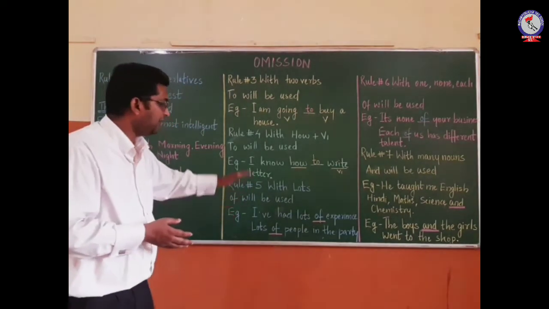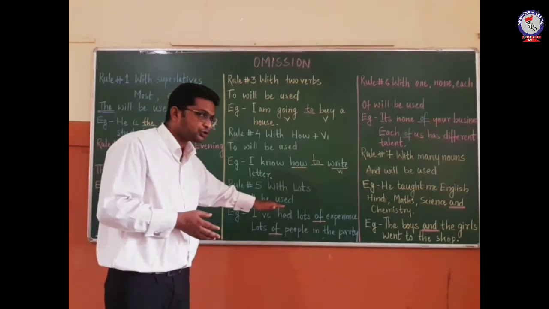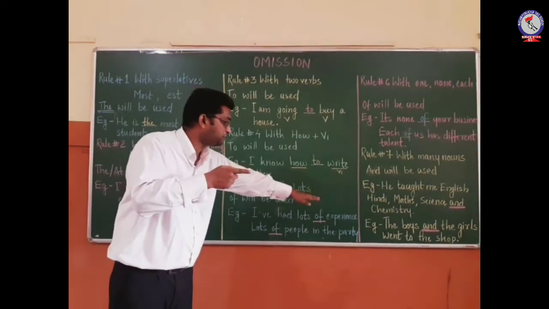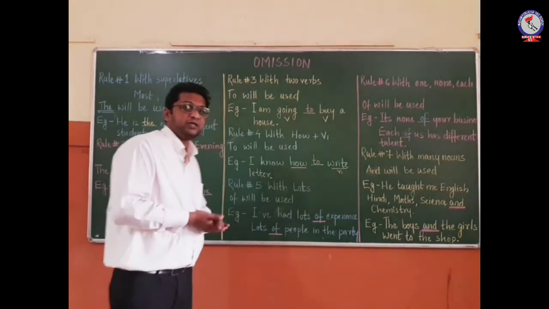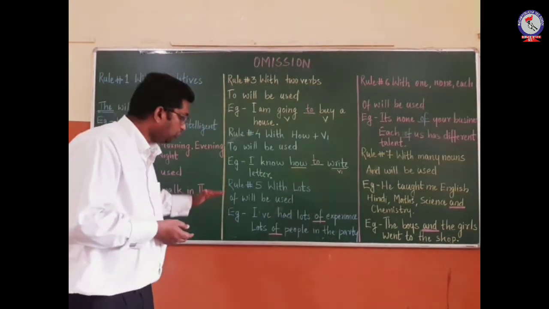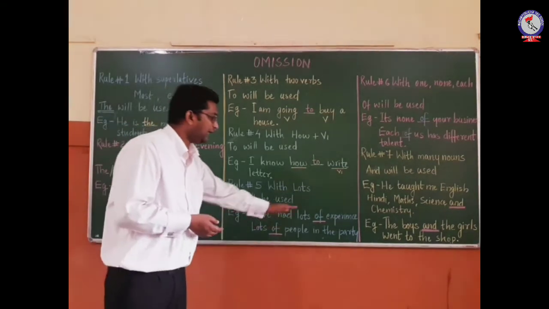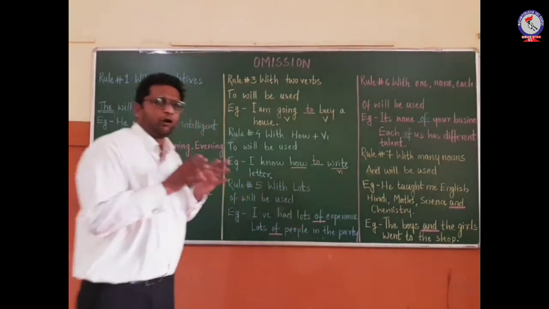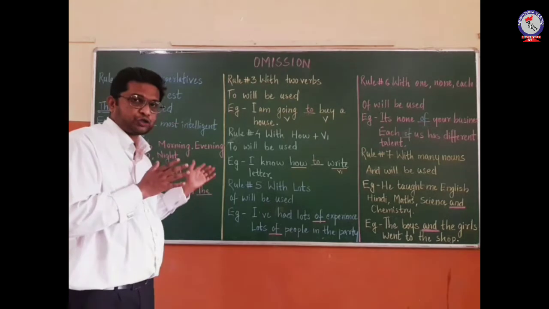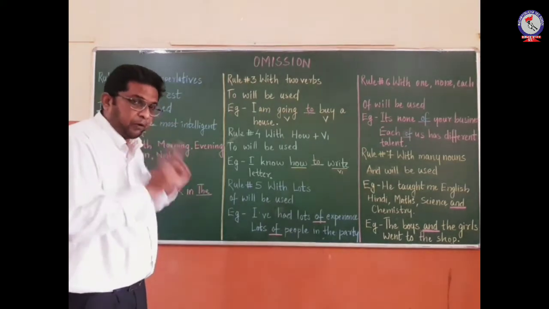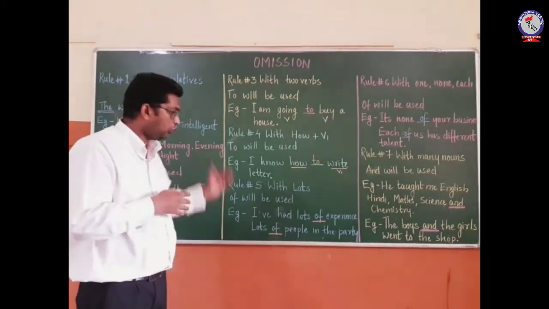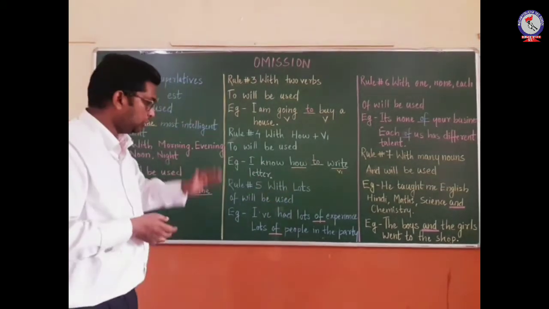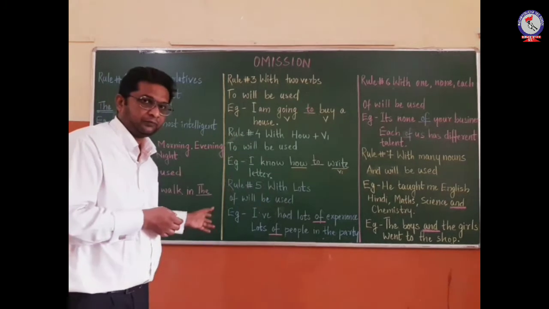I have had lots of experience. You see here, lots of experience and lots of people in the meeting. Always when you come across lots, you can put of after that. Lots of experience, lots of people.